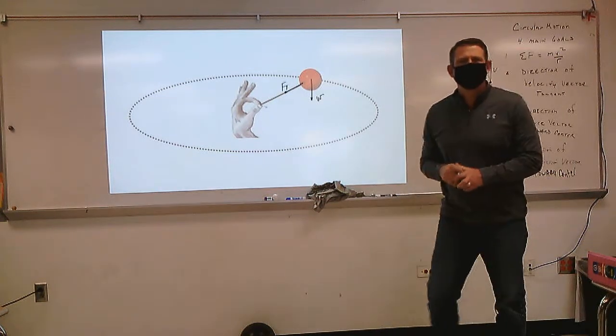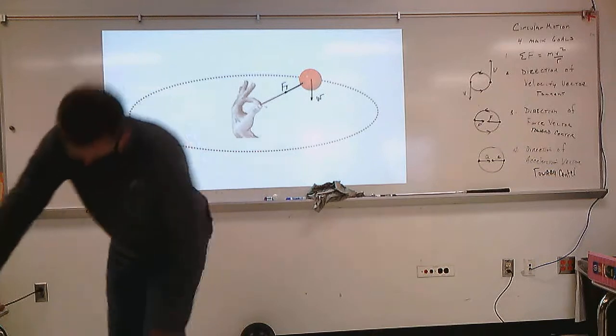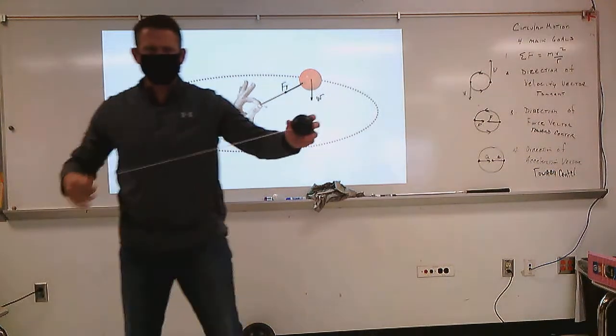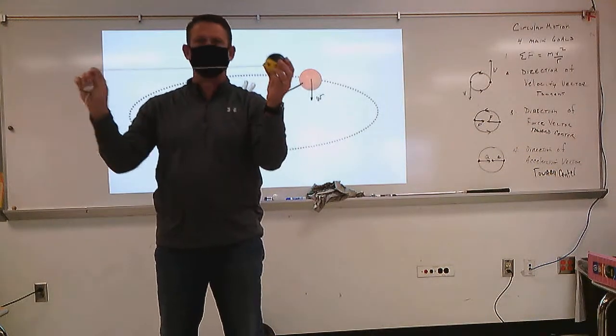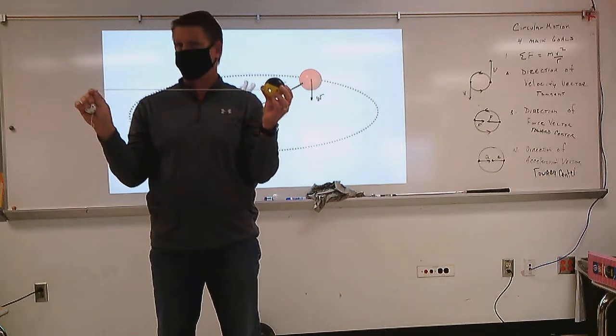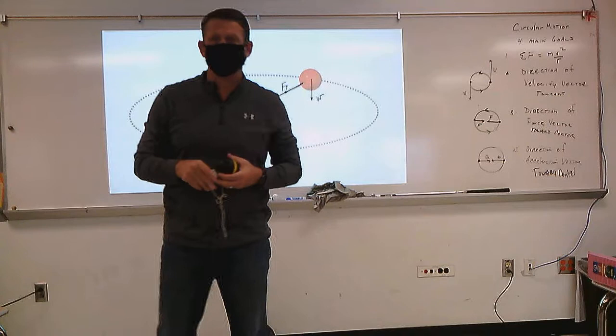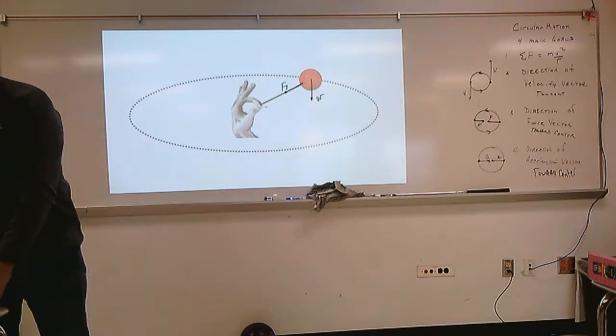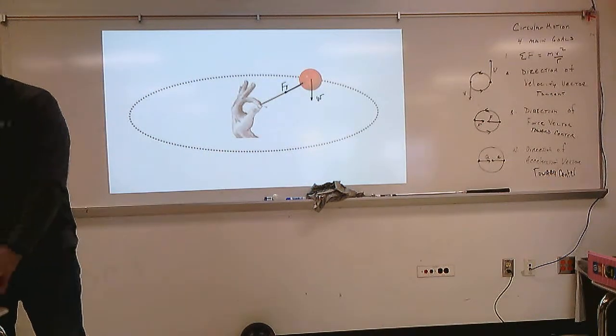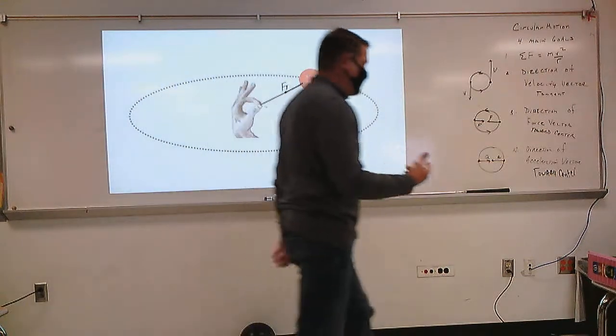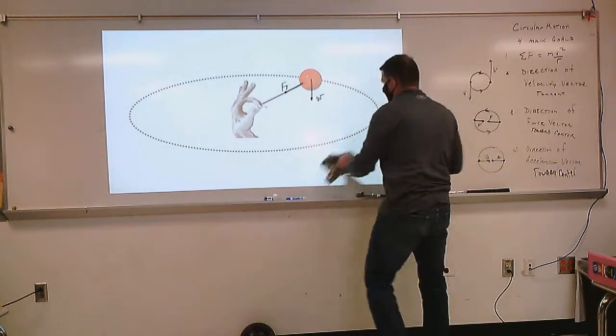Because what angle actually exists between the tension in this string and the weight vector? 90 degrees. Does that look like 90 degrees up there on the board? No, it doesn't. So in some cases, it becomes difficult for us to show appropriately how these vectors are drawn.